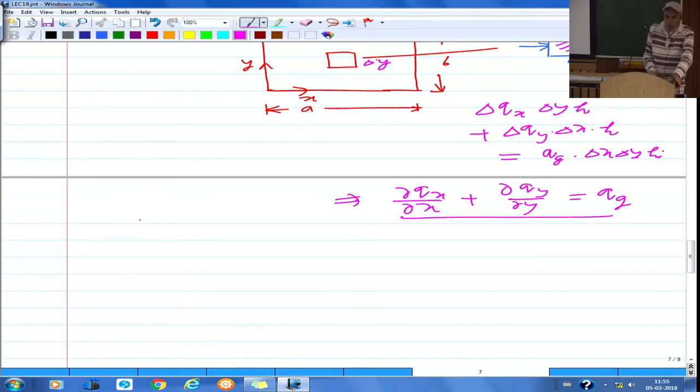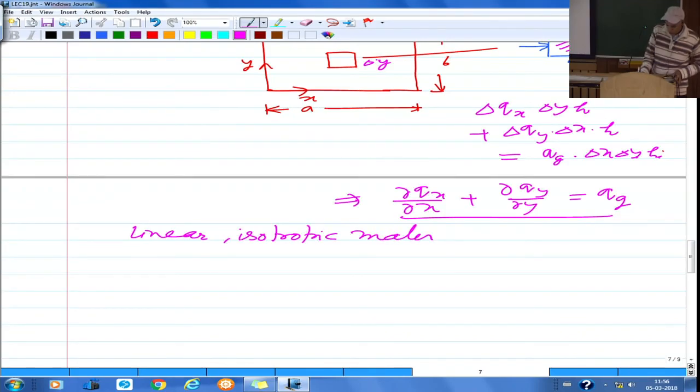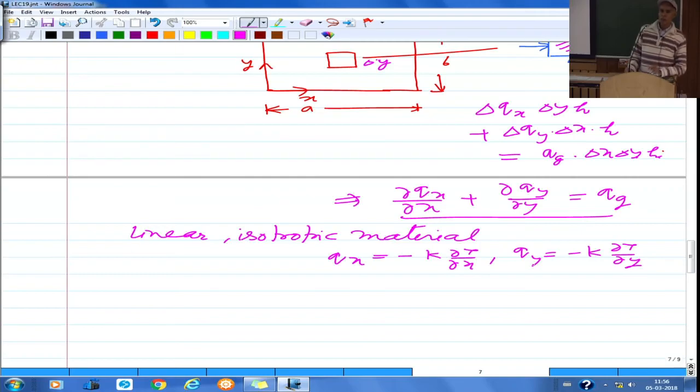For a linear isotropic material, you will have Qx as minus k into del T by del x, and Qy as minus k into del T by del y. The area term is not coming here, because small Qx, Qy are the heat per unit area. So simply minus k into del T by del x and minus k into del T by del y.